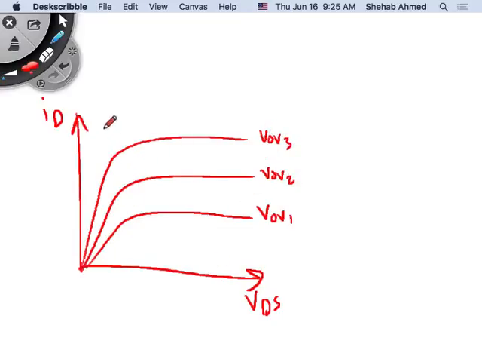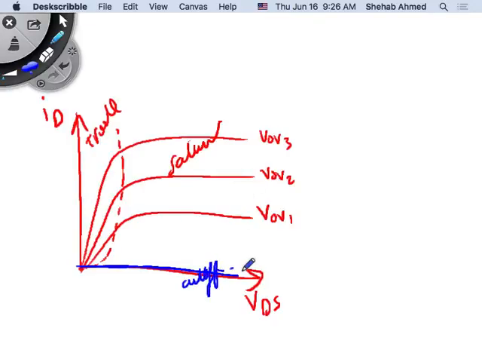We defined this before, and we said this is our triode region, then saturation, and then cutoff, which means current is 0. When is current 0? When VGS is less than VT. Remember, if my gate voltage is less than my threshold, I'm not forming the channel, so I'm in cutoff mode.